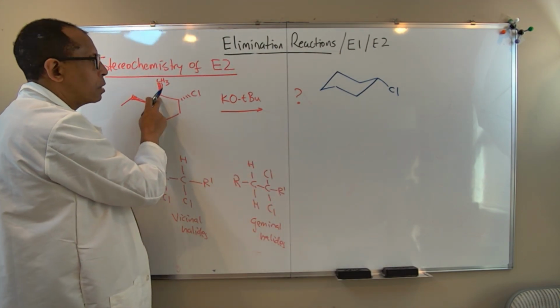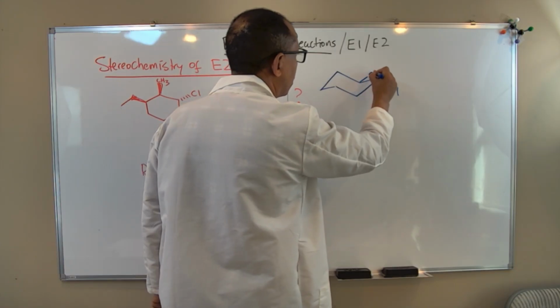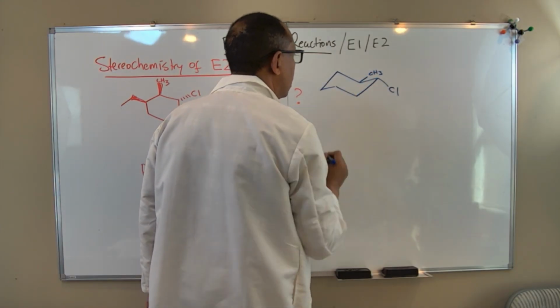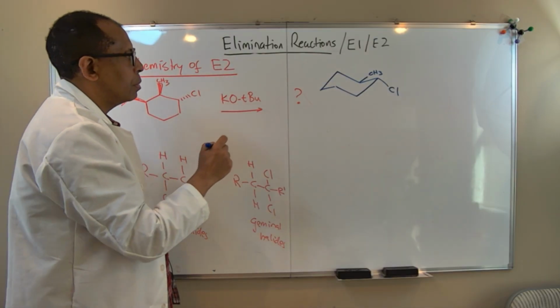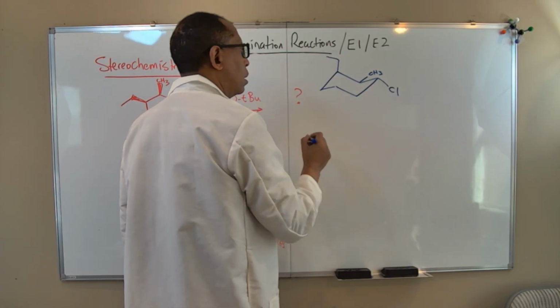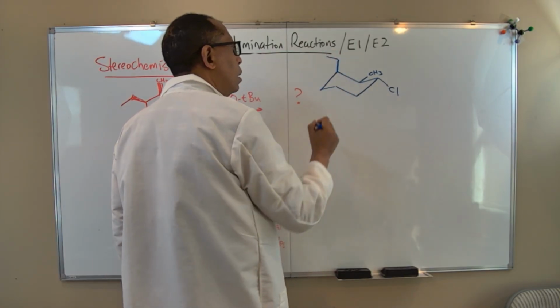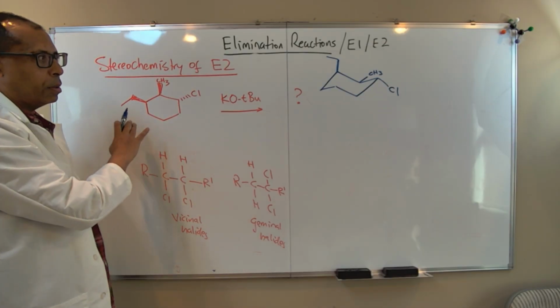The methyl in the next carbon is up, so this would be the methyl group. And the ethyl group is up also, so the ethyl group would be up in the next carbon. This is the ethyl group. So this is what the chair conformation looks like for this compound.